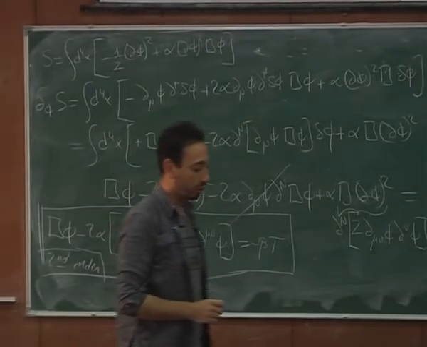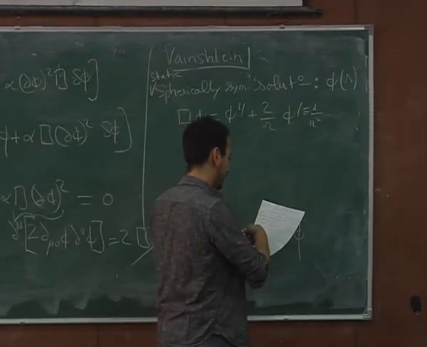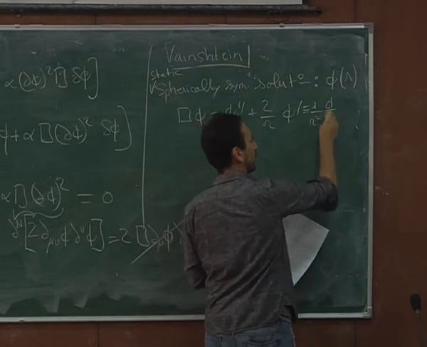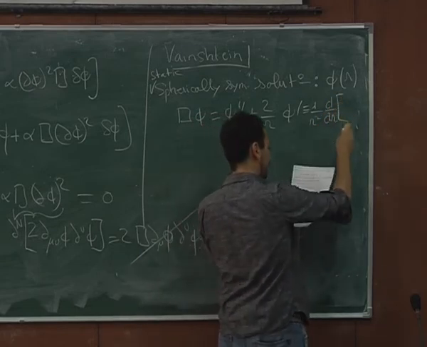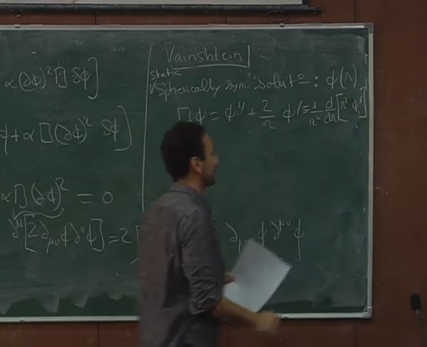Okay, so then I'm looking at a function like this, and this is really just r squared phi prime actually.